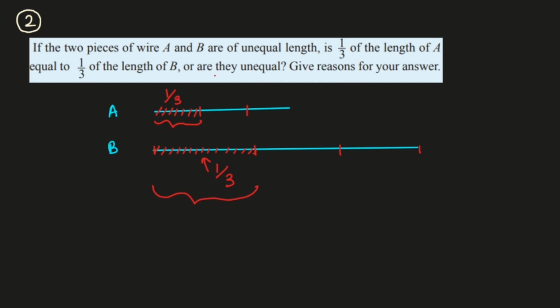So the answer will be they are unequal. To give reasons for your answer, you can just use a small diagram or a picture like this, and you can explain your concept very easily. So, hope it is clear for you. Let's move on to the third question.